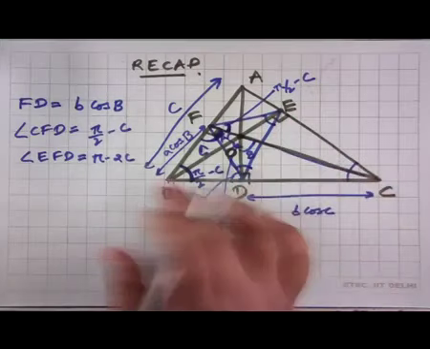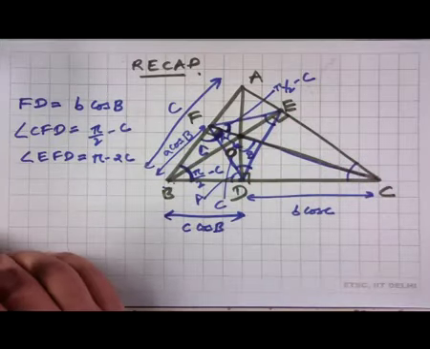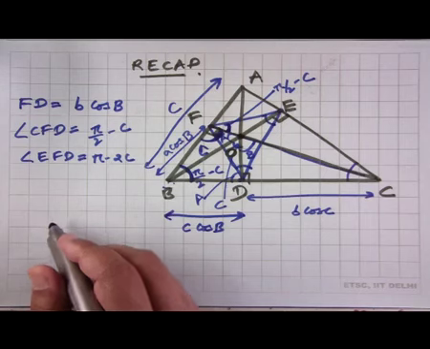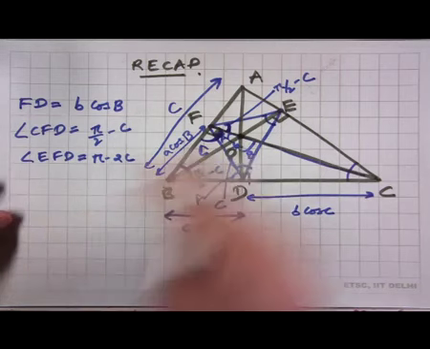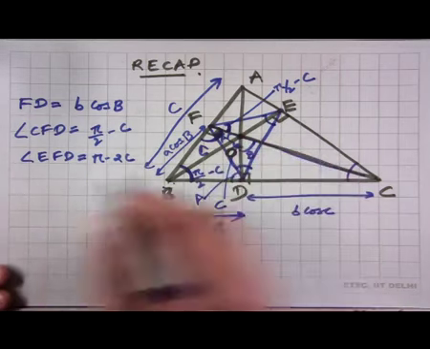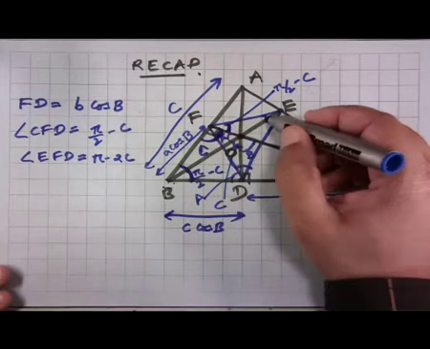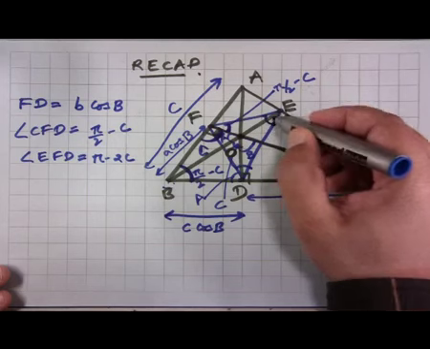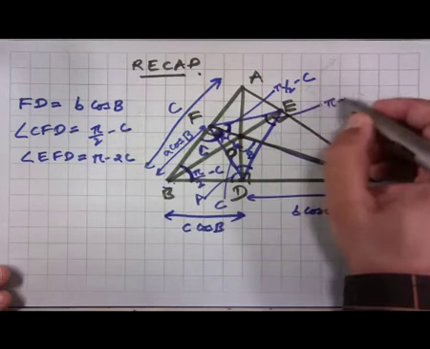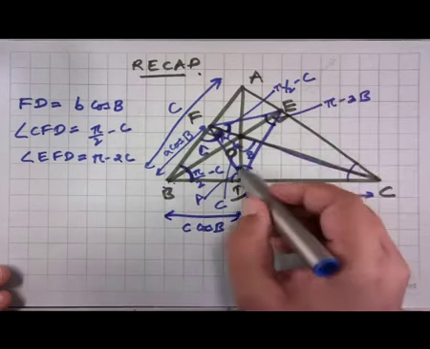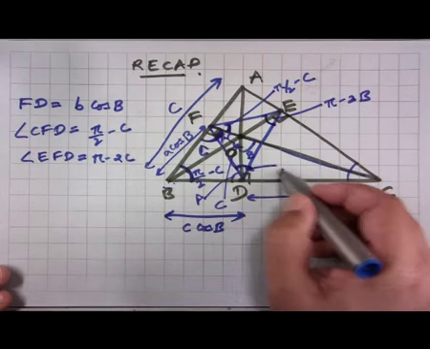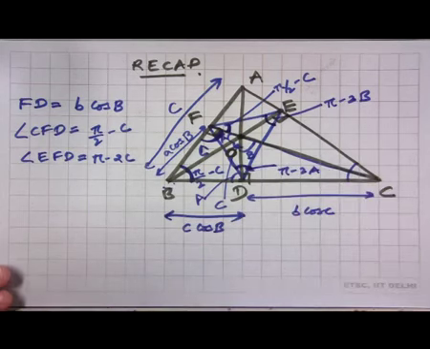And of course, from all this analysis, we had shown that the three angles are: this angle is pi minus 2C, this angle is pi minus 2B, and this angle can be shown to be pi minus 2A.